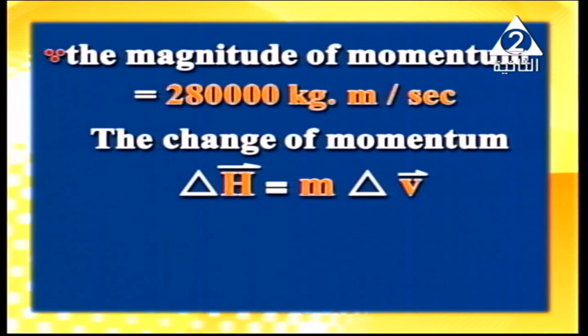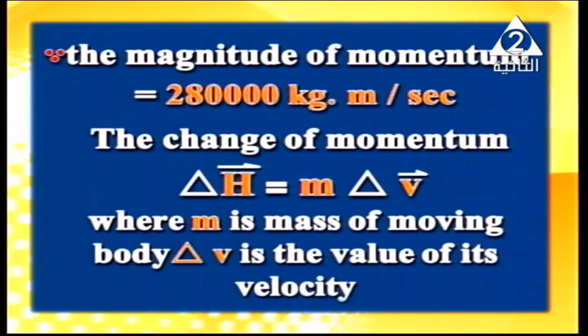Therefore, the change of momentum equals the product of mass times the change of its velocity, where m is the mass of the moving body and delta v is the change of its velocity.